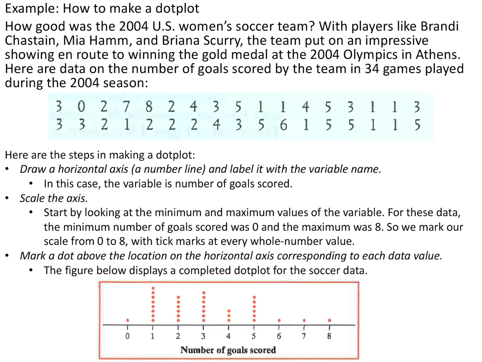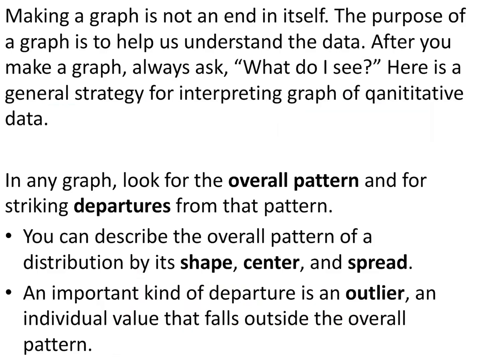And then you mark a dot above the location on the horizontal axis. So it is very easy to see that there was only one game that they scored 8 goals in. There were 6 games where they scored 5, and there was only 1 game that they did not score at all. So again, it's very easy to read information off of a dot plot.